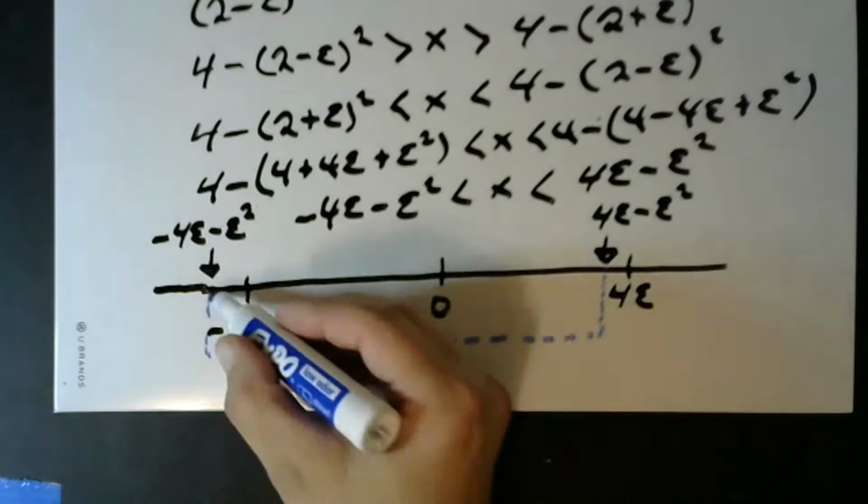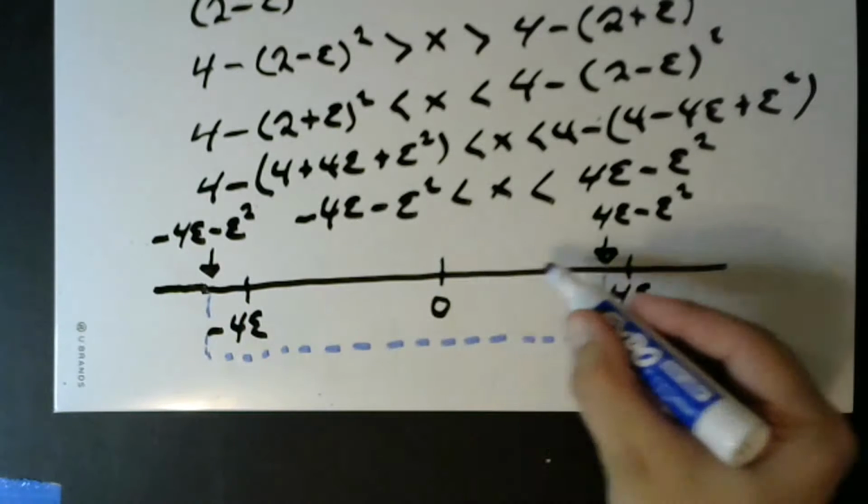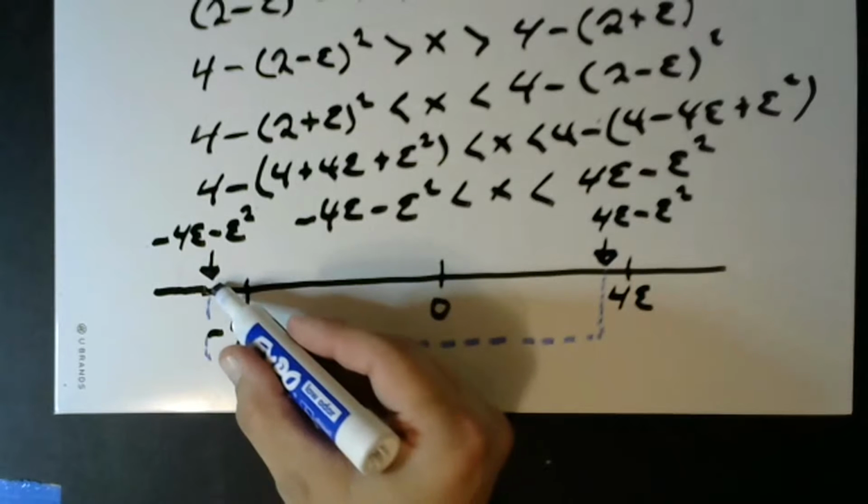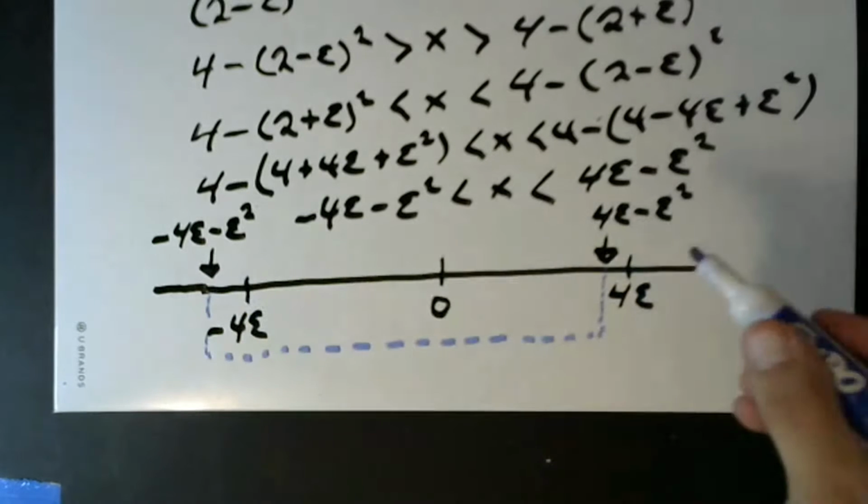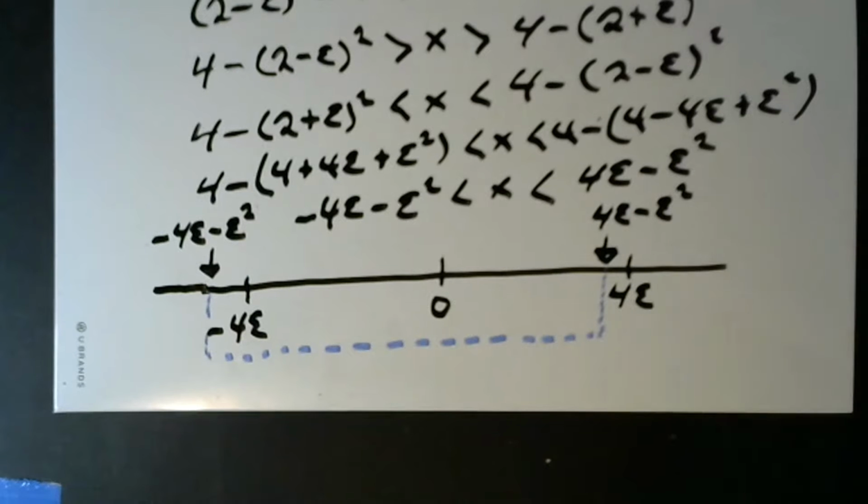So our x is located somewhere in here between negative 4 epsilon minus epsilon squared and 4 epsilon minus epsilon squared.